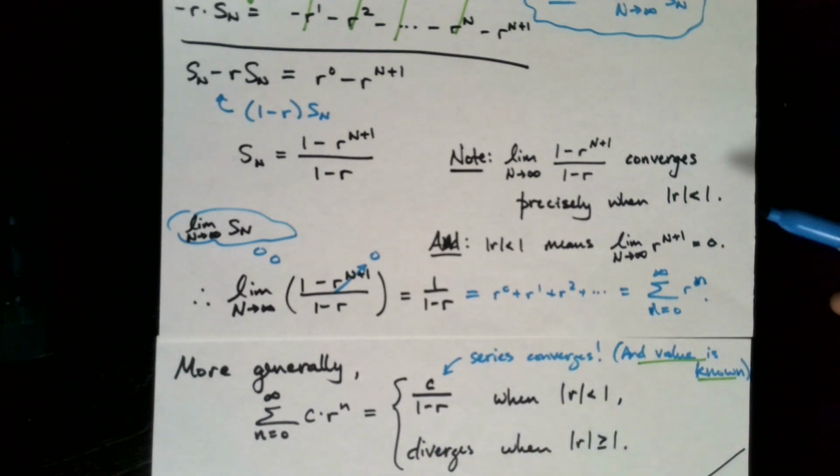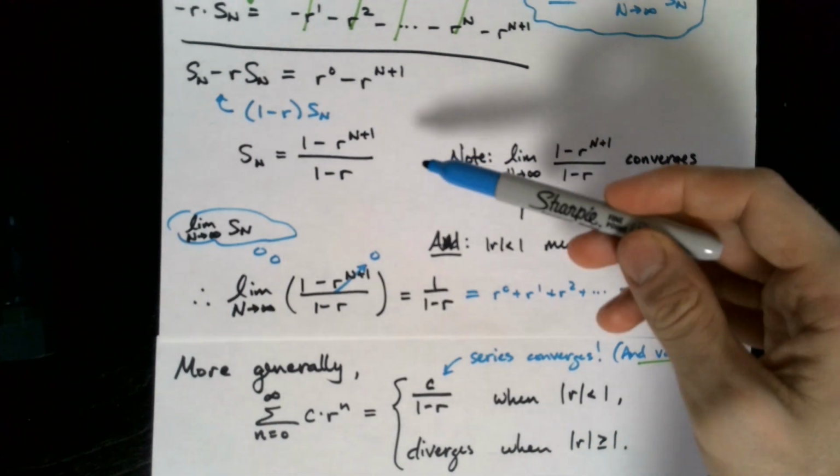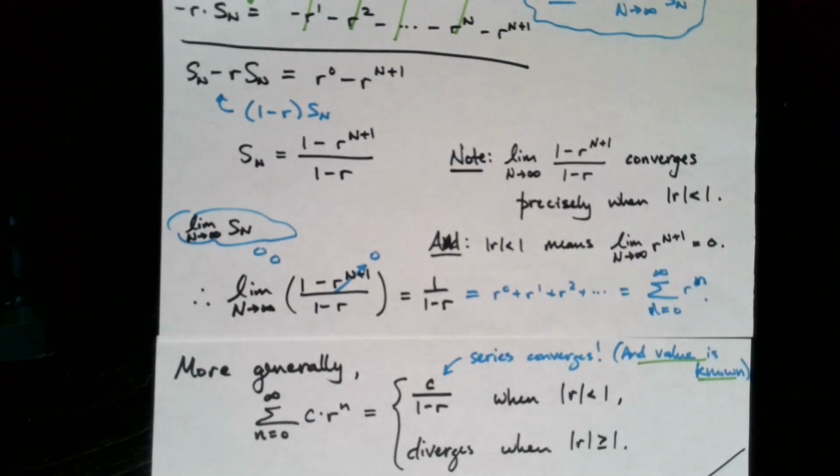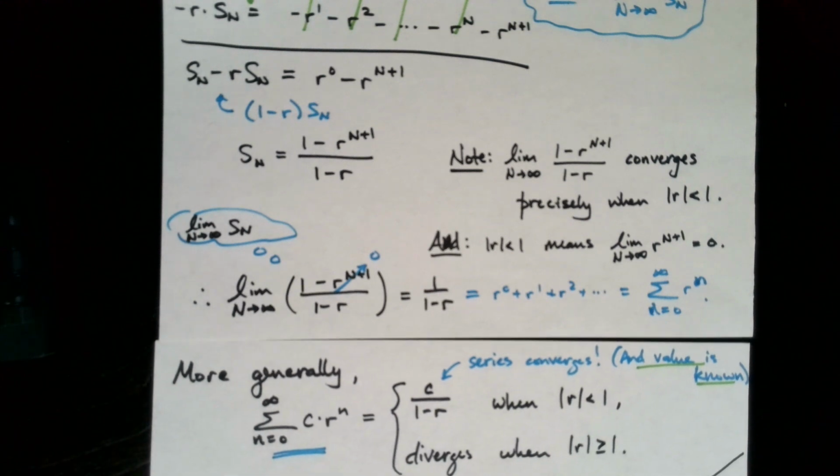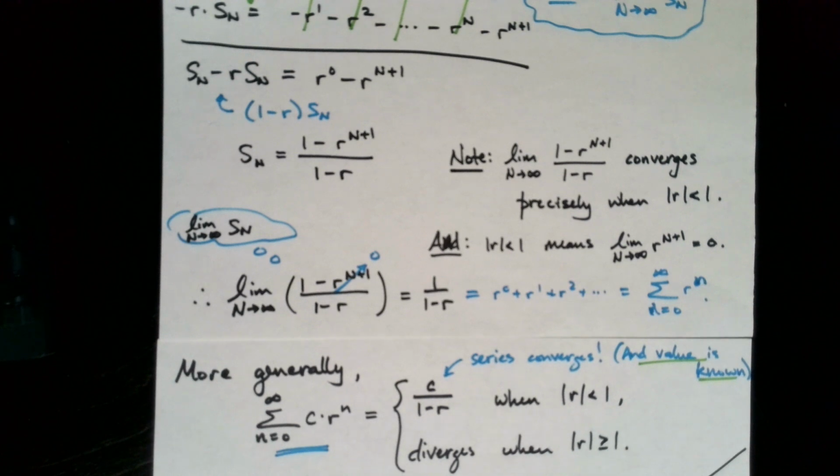When absolute value of r is not less than 1, we're in the situation where this limit diverges, and well, hence, we're in the case then where the limit of the partial sums diverge. We're in the case where the series diverges. So this series, which we're going to call a geometric series, is divergent precisely when the absolute value of r is greater than or equal to 1, and this series is convergent precisely when the absolute value of r is less than 1.